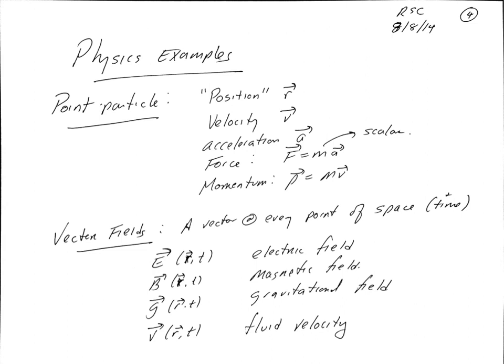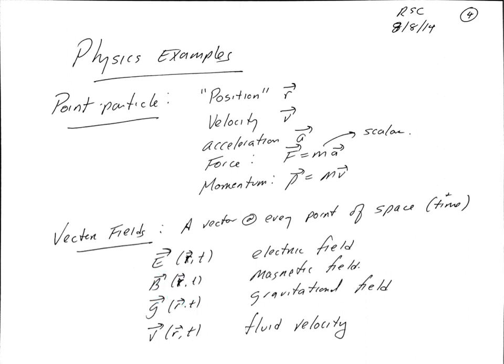Now, in addition to the vectors referring to the properties of a point particle, we're also going to be interested in the concept of vector fields. Vector fields are a vector at every point in space and time. So, traditional examples of vector fields in physics that are important are the electric field. At every point in space and time, if we have a test charge, it will feel an electric field, and the force equal to its charge times the electric field.